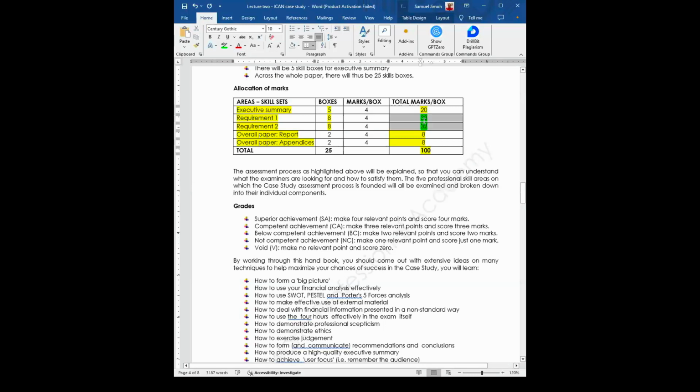Executive summary is the summary of these 2 requirements. And if the candidate has only answered requirement 1, not perfectly well, that means he cannot even score up to half. It's only requirement 1, that is half, that is 10 marks.